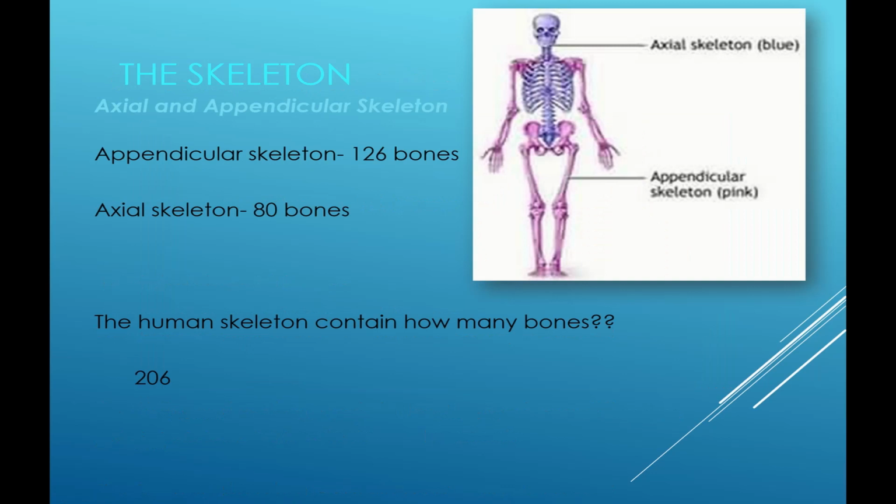The skeleton is split into two different sections, the axial and appendicular skeleton. The appendicular skeleton has a specific role within the body. First off, it contains 126 bones, and as you can see from the picture here, highlighted in pink, the appendicular skeleton includes the arms, the legs, the pelvis, the scapula, and also the clavicle.